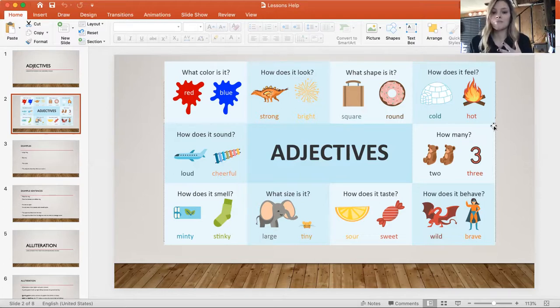It can smell fresh. It can be a size. You can talk about the large elephant or the tiny mouse. Those are descriptive words as well. You can also describe how something may taste. So the sour lemon or the sweet candy. It gives your reader a better idea of what to picture in their head.